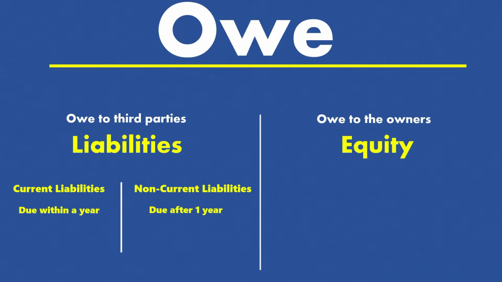Now if I just give you an example, if we have a bank loan that is due after 5 years, you will classify that as non-current liabilities. But if you have a bank loan that is due within 3 months, just like our credit cards, where we have to pay within a month or so, we classify that as a current liability.